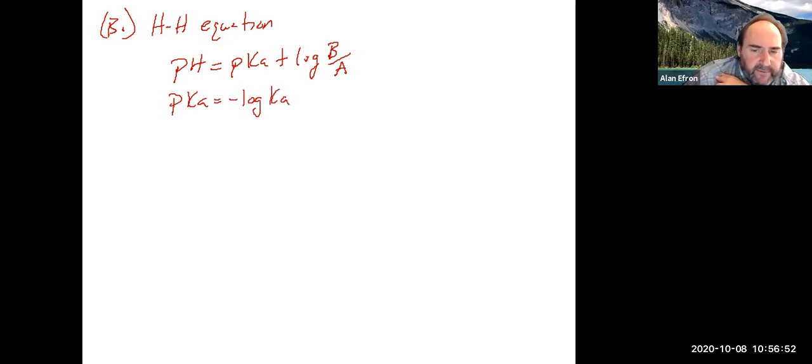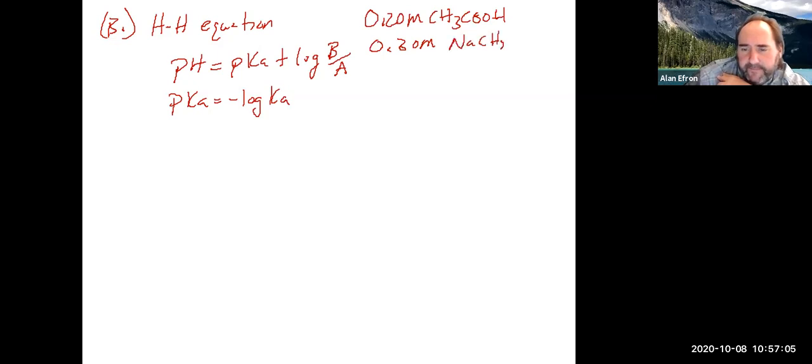So just to remind everybody what we had going, we had 0.2 molar acetic acid. We had 0.3 molar sodium acetate. Again, common ion problem. And we had a Ka value that was 1.8 times 10 to the minus 5.